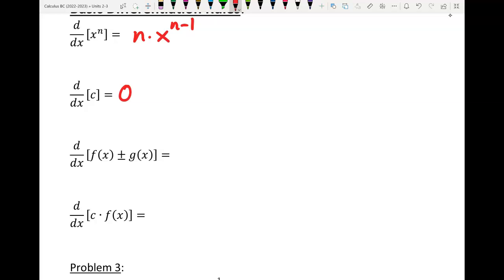Okay, what happens when I take the derivative of two functions being added? Yeah, so f prime plus or minus g prime, right? Okay, what's the derivative of c, a constant times a function?